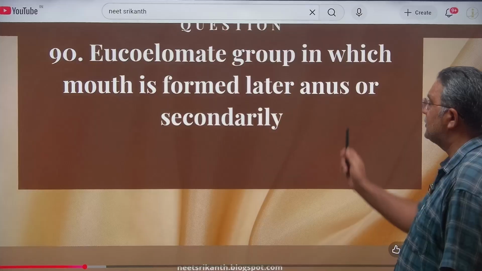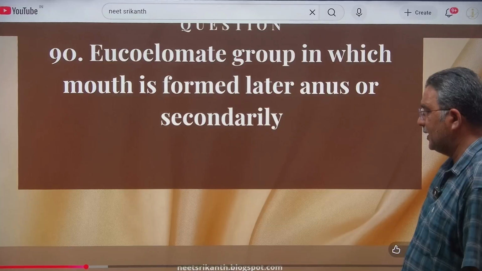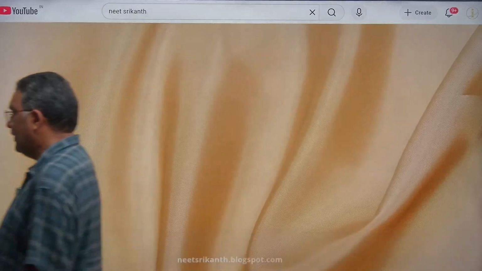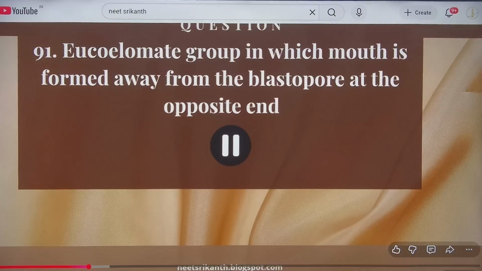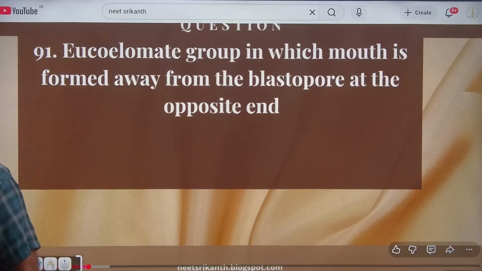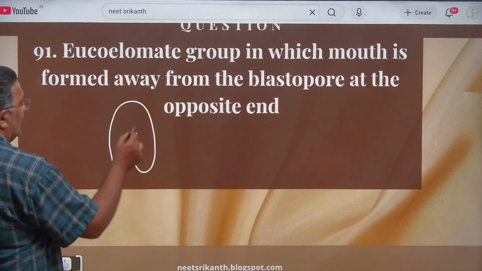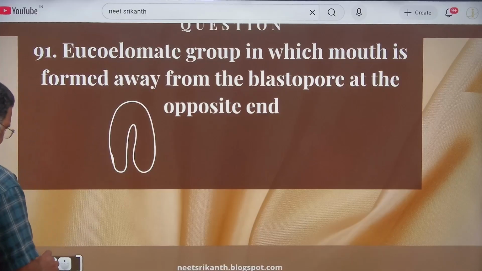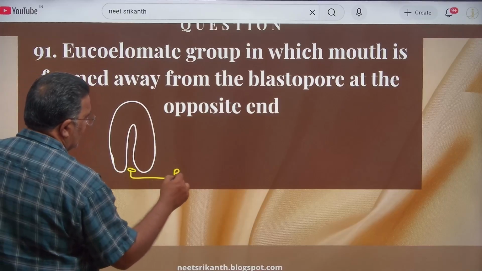Eucoelomate group in which mouth is formed after anus or secondarily. Try to understand the question. Eucoelomate group in which mouth is formed away from the blastopore. For that, let me explain this story once. We learned in protostomia that this opening is called blastopore.